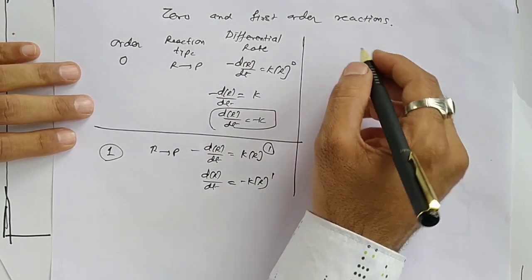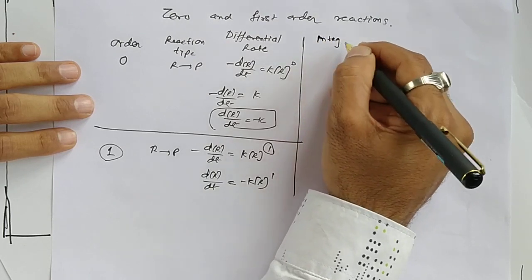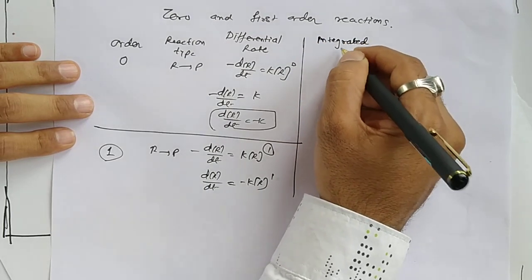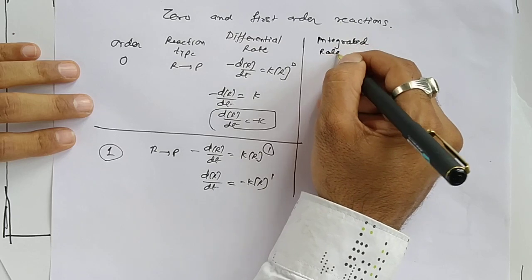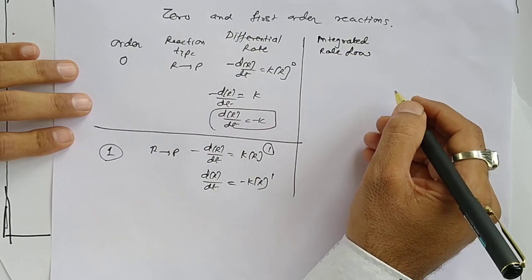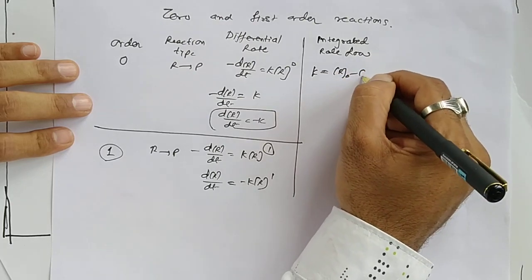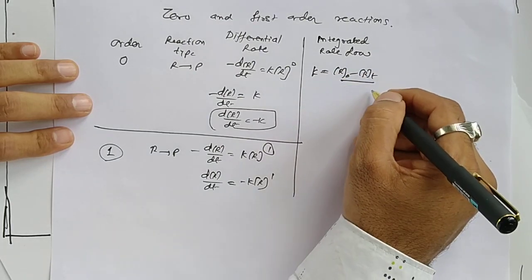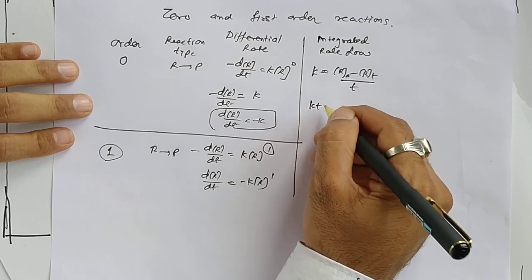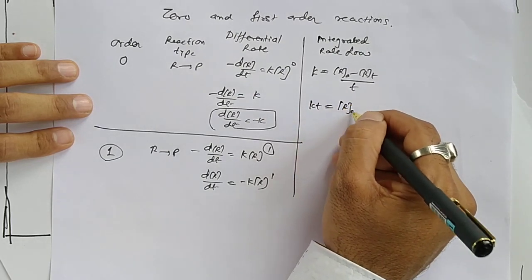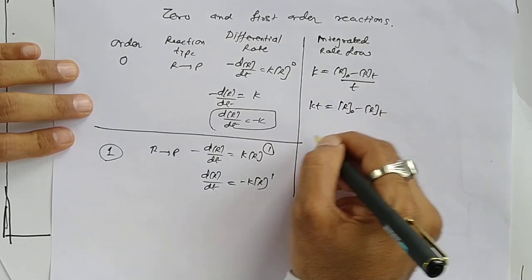Now integrated rate law for zero order, we know K is equal to (R0 minus Rt) upon t, otherwise K into t is R0 minus Rt.